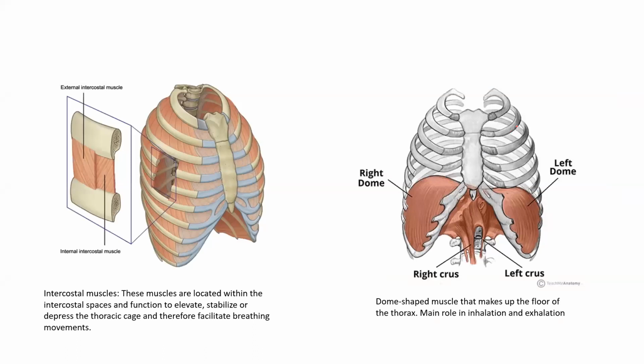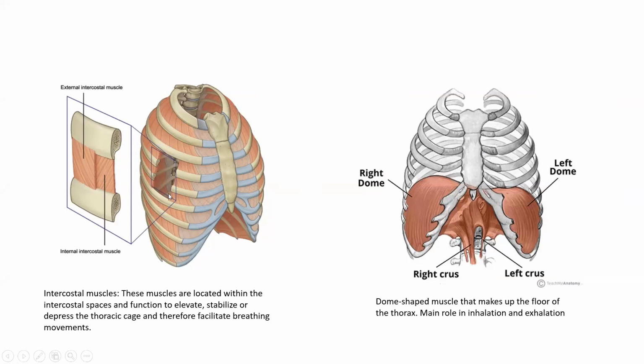Intercostal muscles lie beneath the large extrinsic muscles of the thoracic wall. These are composed of the external intercostal muscles, the internal and the innermost, and they are basically divided into three groups because they go from superficial to deep.